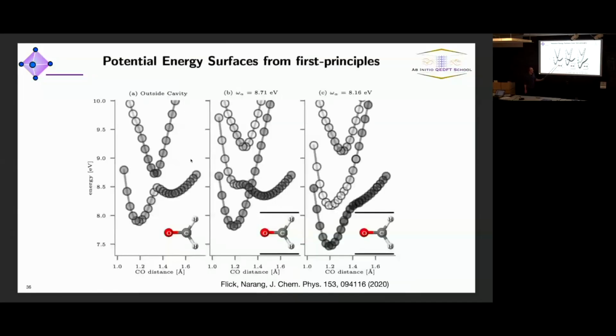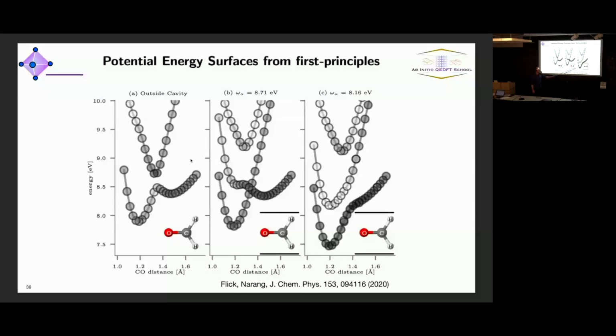And then with Casida TDDFT, with this in strong coupling, we can either make the minimum on the right-hand side deeper than the left one, or we can also crunch it, depending on the situation. So calculations like this are not only for spectra. These Casida simulations are not only useful to calculate spectroscopic quantities, but we can also try to more directly access excited state properties, for example here for photochemistry.